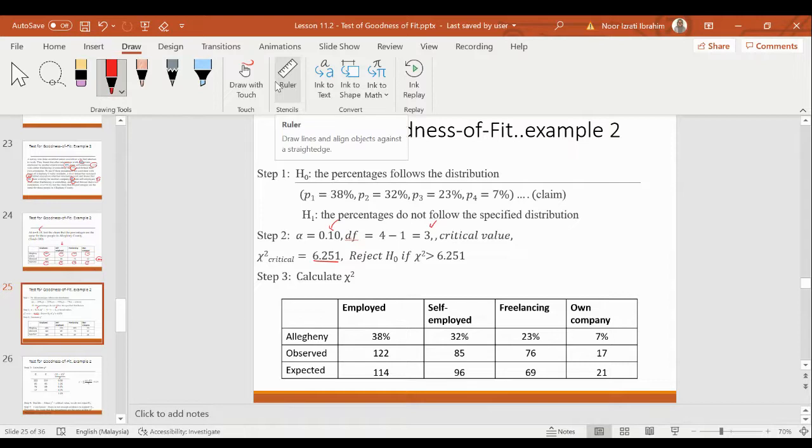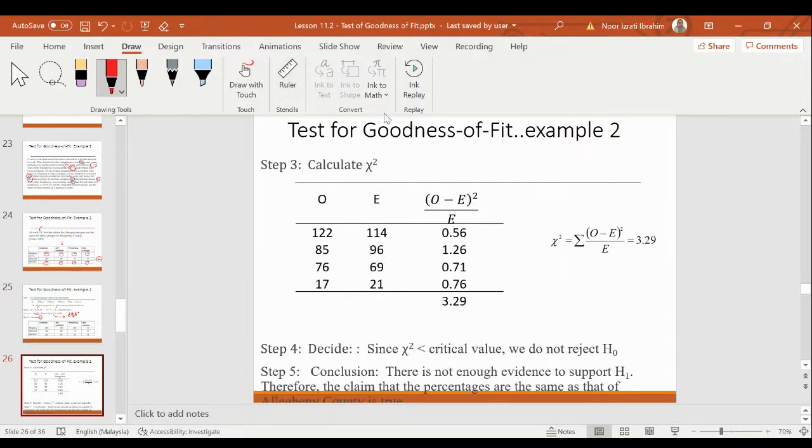Now, we need to find the test statistic, the chi-square value. The formula for the chi-square value is the summation of (O minus E) squared over E. This is how we get the test statistic, chi-square. So you find (O minus E) squared over E for each category. Once we have the O and the E, we can find this, right?